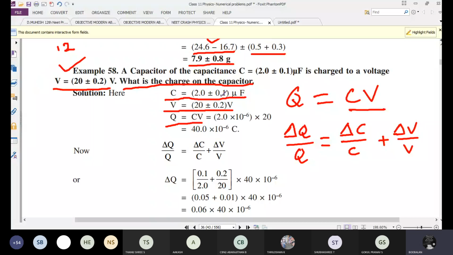So mean absolute error divided by true value, plus mean absolute error divided by true value: 0.1 divided by 2.0, 0.2 divided by 20. I am just applying the values. No need to worry about the conversion. Milli is 10 power minus 3, micro is 10 power minus 6.